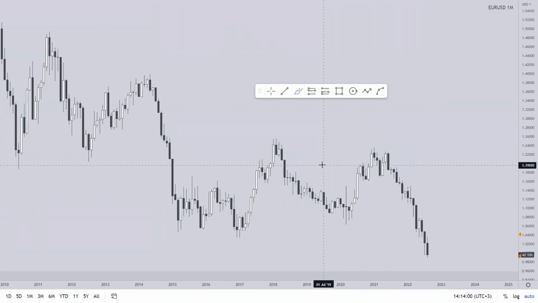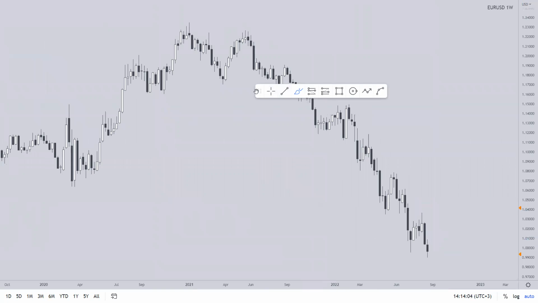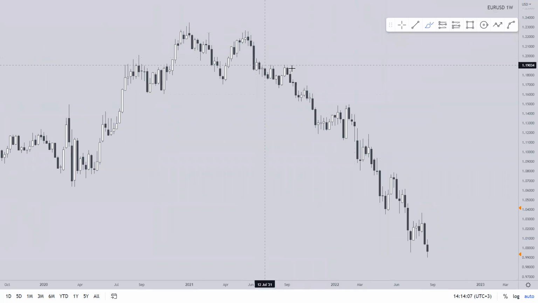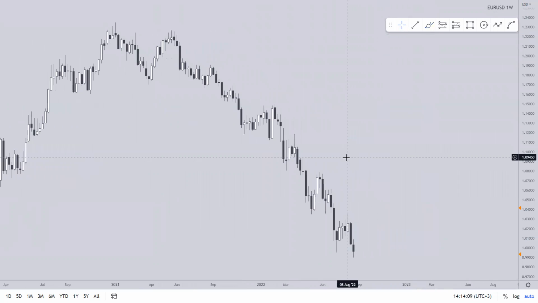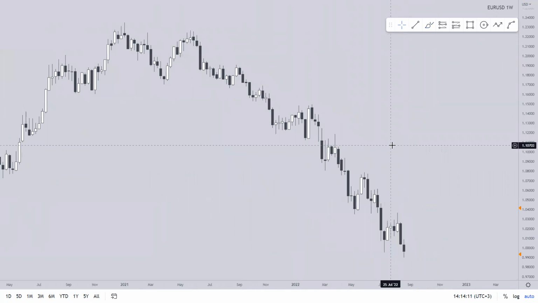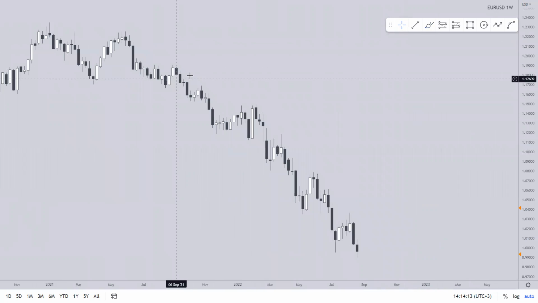And now let's go to maybe weekly. So on weekly, as you can see, if we start from here, we just continued to print new bearish structure, and that's all.